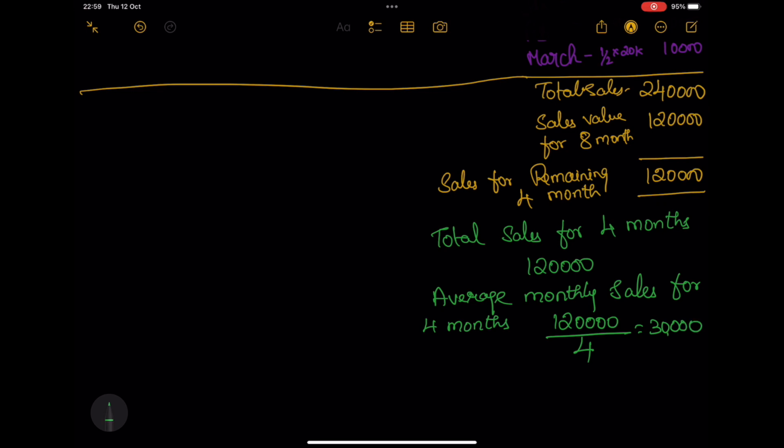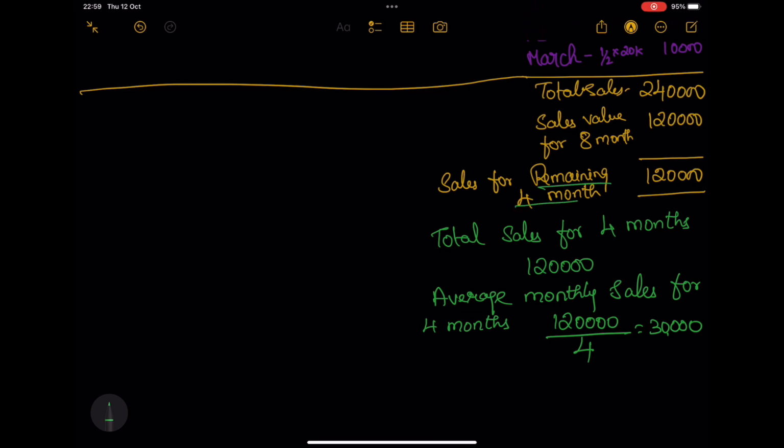Got it? So this is how we are going to identify. In the question, they have given us the 8-month average sales value, half of average sales as a value of average sales they have given, but for the remaining 4 months they haven't mentioned. What are we supposed to do? We are going to identify the remaining 4 months value.